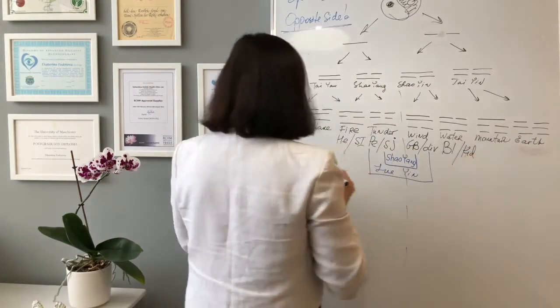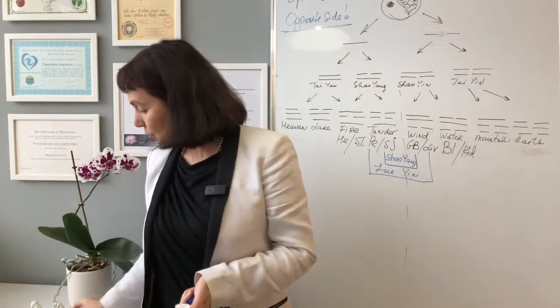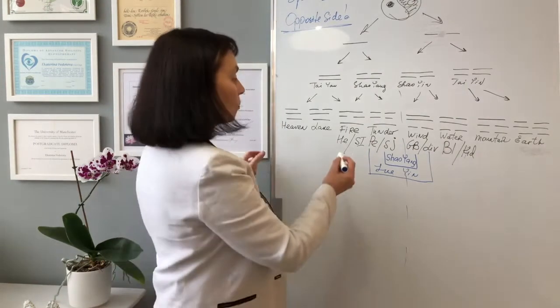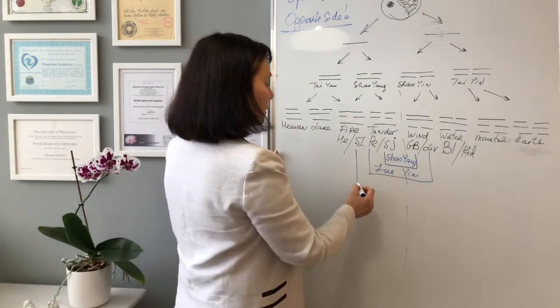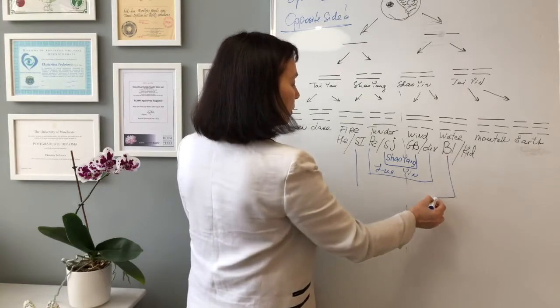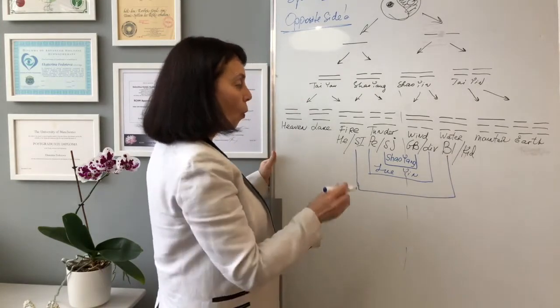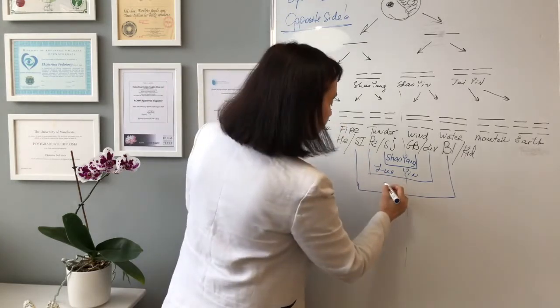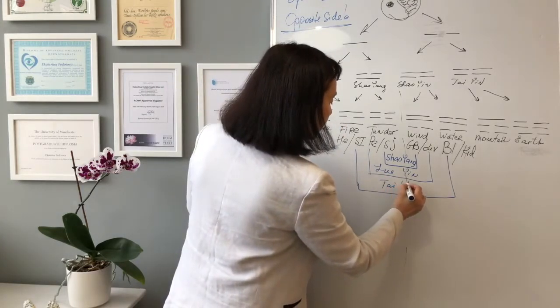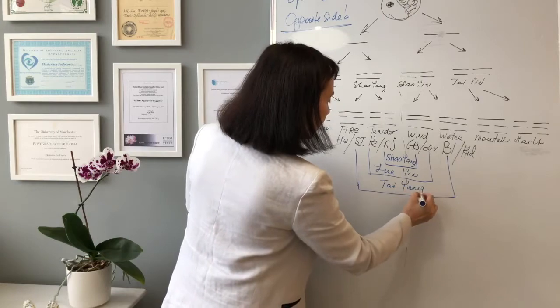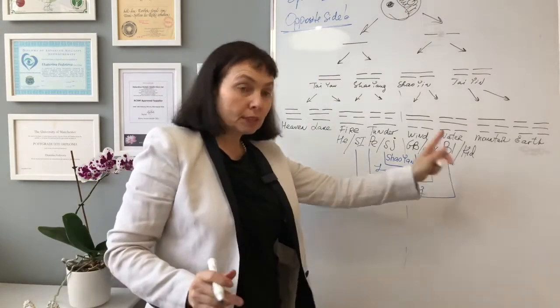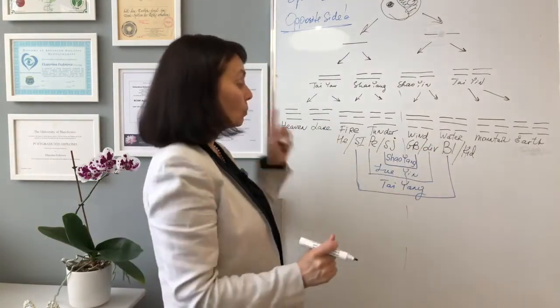According to system 1, small intestine will balance bladder, or hand Taiyang will balance foot Taiyang, and foot Taiyang will balance head Taiyang.